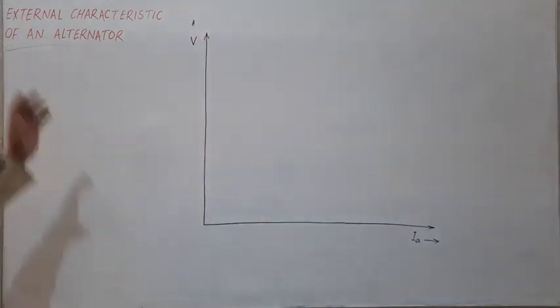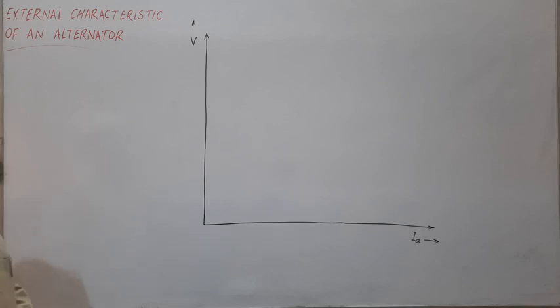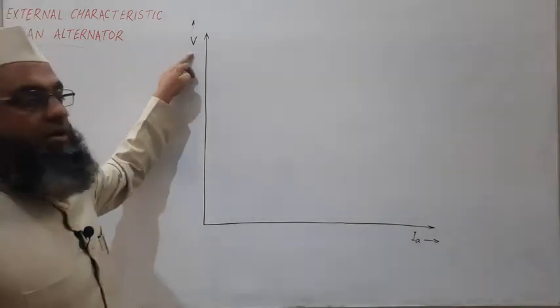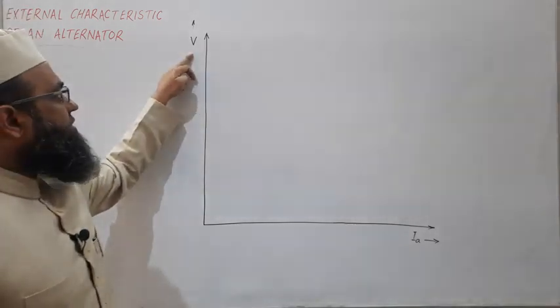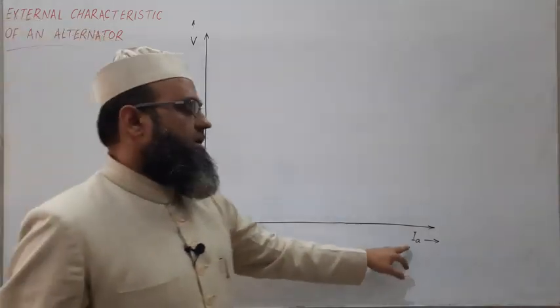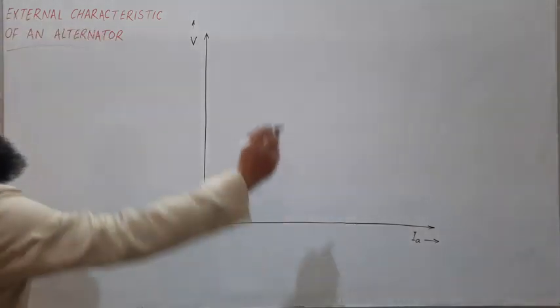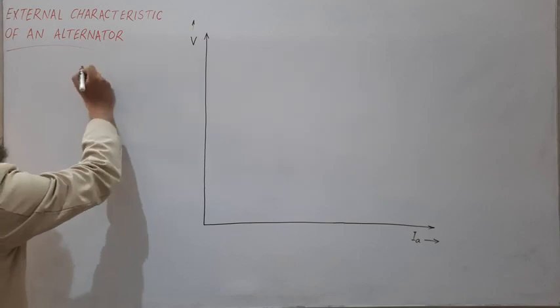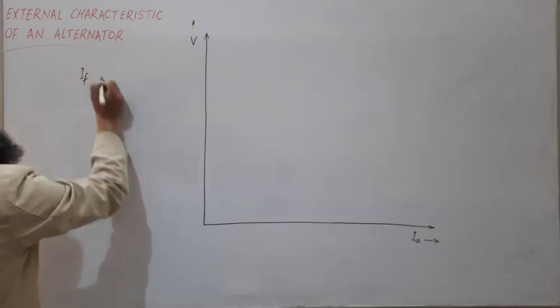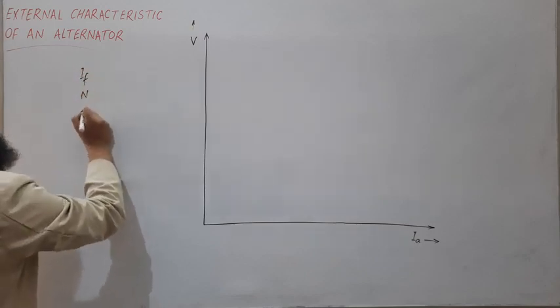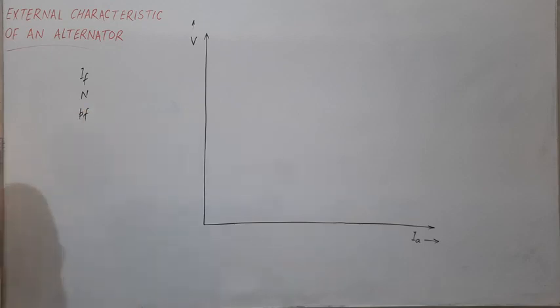That is, external characteristic shows variation in armature terminal voltage with the variation in armature current for constant field current, speed and power factor.